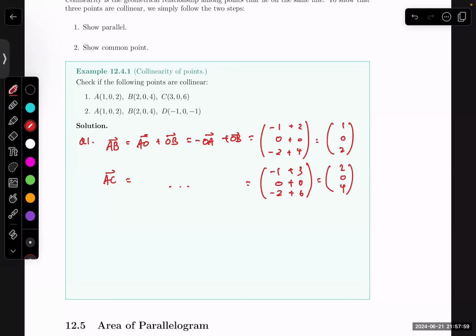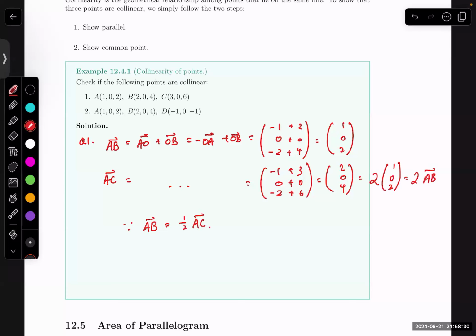It turns out that these two differ by just one scalar multiple, right? So we write down, since vector AB is equal to half vector AC. If you want to write it even more clearly, you can factorize out the 2 and say that it is 2 times 1, 0, 2, which is 2 times AB, like this also can.